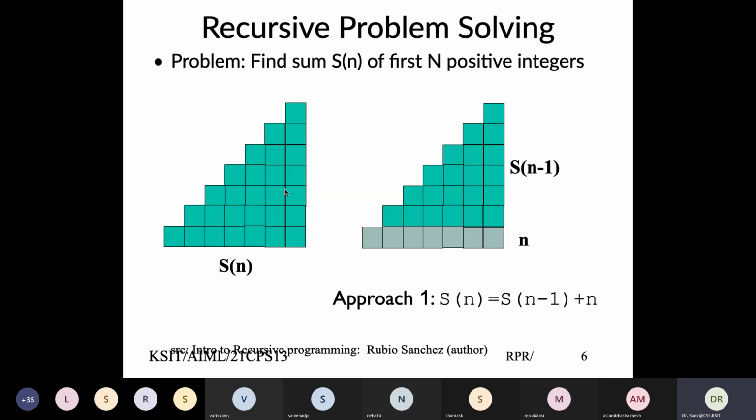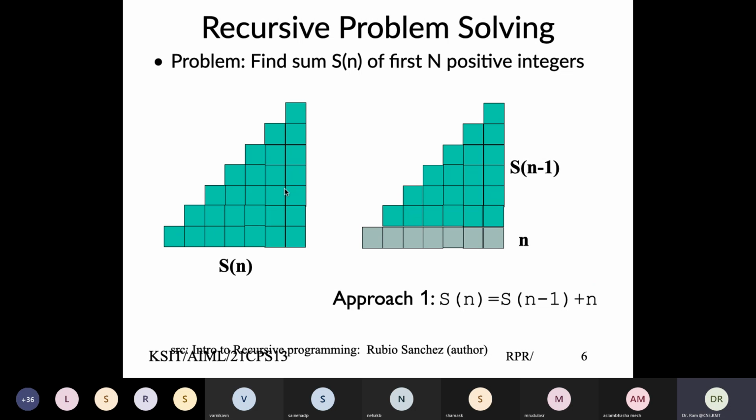And what is my smallest case? The smallest case is n is equal to 1. I cannot do less than that. So if n is equal to 1, we know S1 is 1. For anything else, we can keep finding a smaller problem, add n to it, and that gives me the answer.